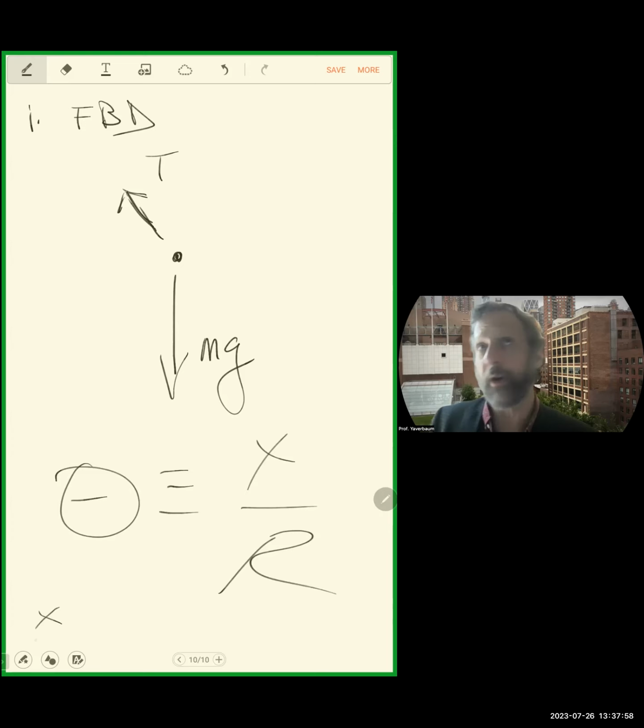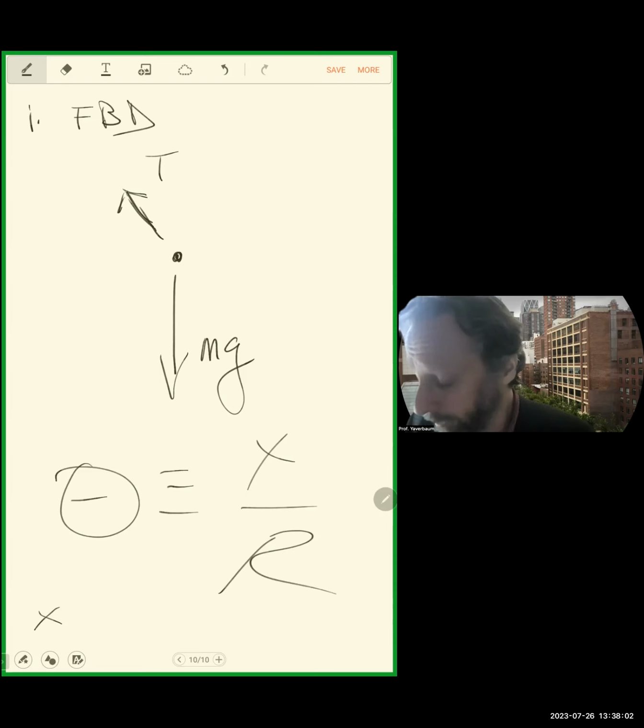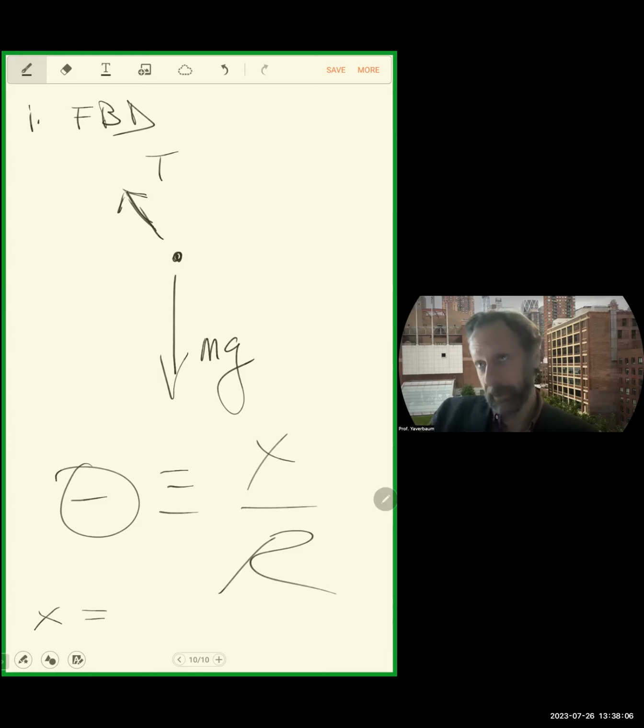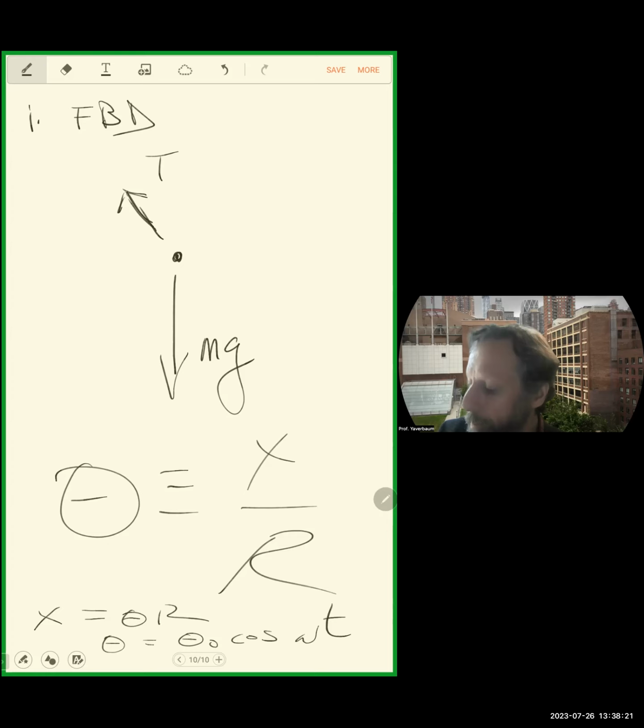All this actually was in lab 2. I keep acting like you've never seen this before, but you totally have. X, how far the thing travels at any moment through actual space, is theta times r. You have the function theta equals theta naught cosine omega t, right? So if you multiply that whole thing by r, you have an expression for x.